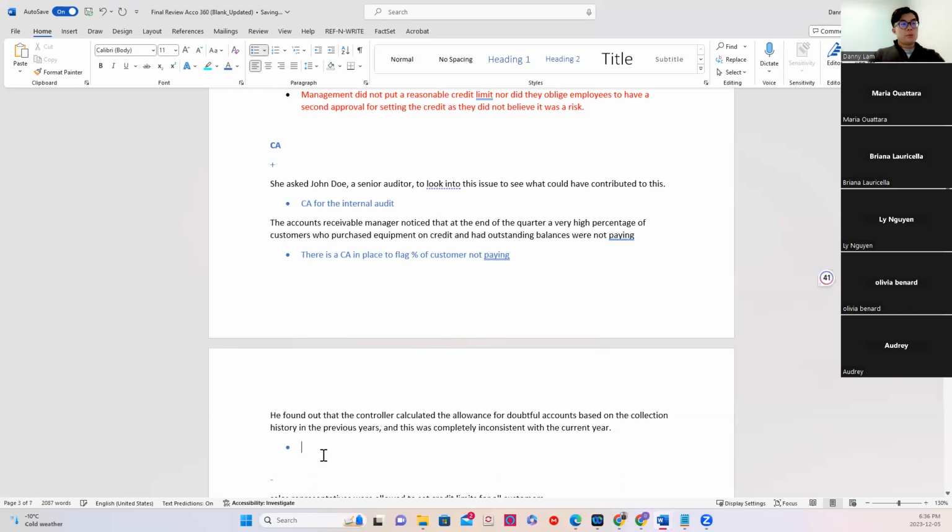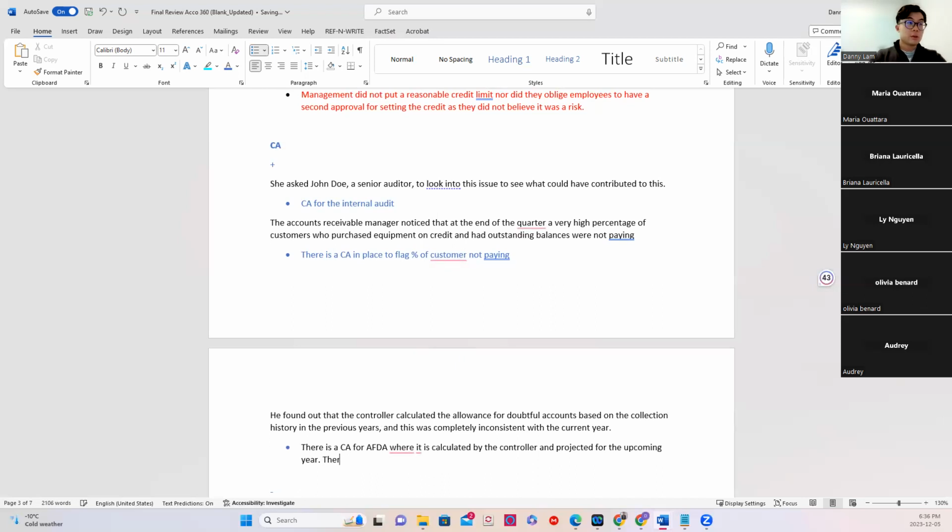So for that, I would put there is a control for AFDA where it is calculated by the controller and projected for the upcoming year.